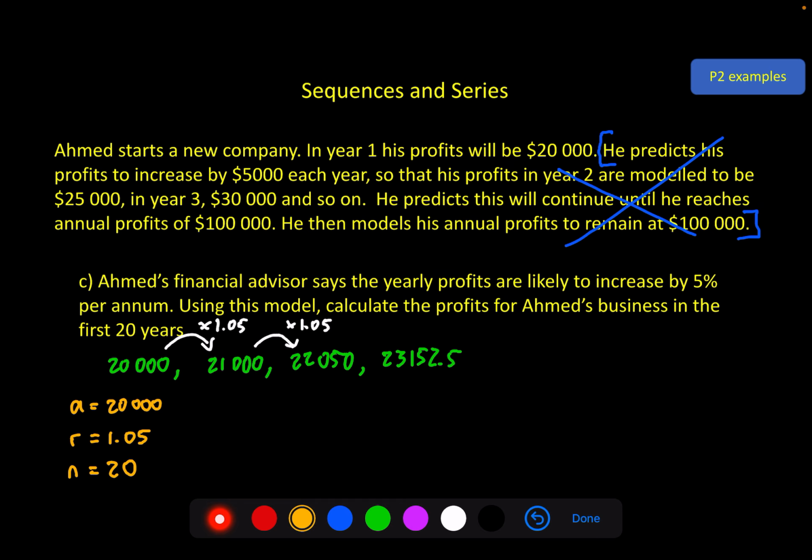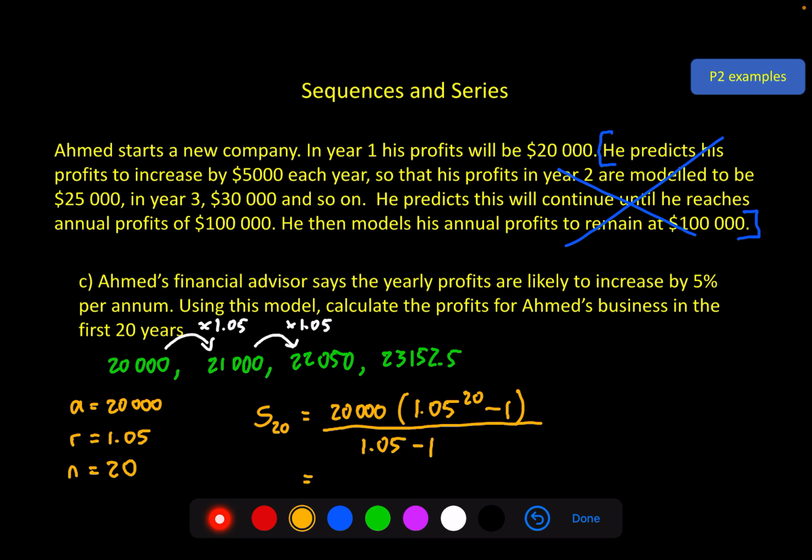As long as you can remember your sum for a geometric sequence, which is A, 20,000 times R to the power of n minus 1 divided by R minus 1.